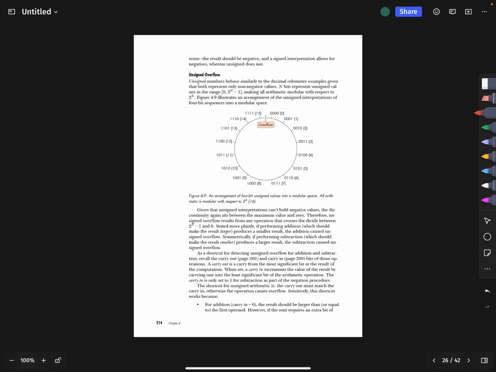Probably what we want to talk about here is that this is the diagram for an unsigned integer. There is no issue throughout here. So like this jump right here, when we get over to talking about 2's complement signed integers, that is going to be a point of discontinuity.